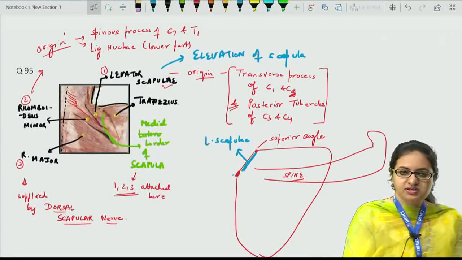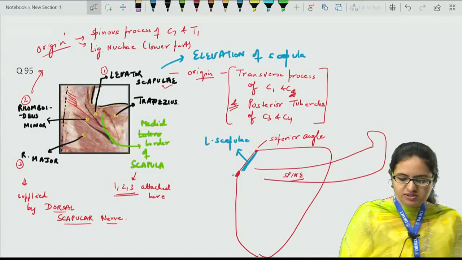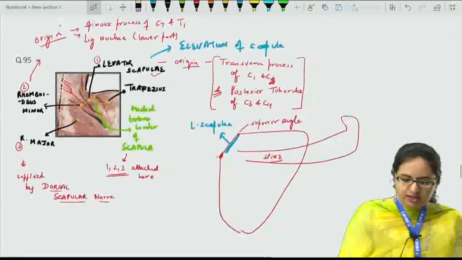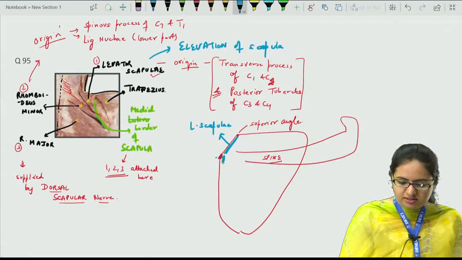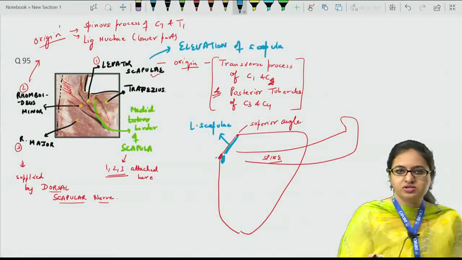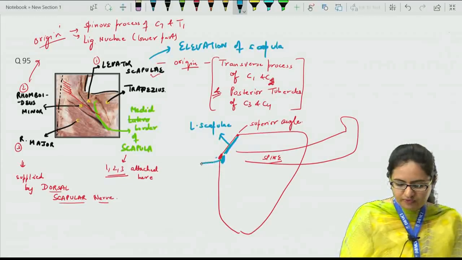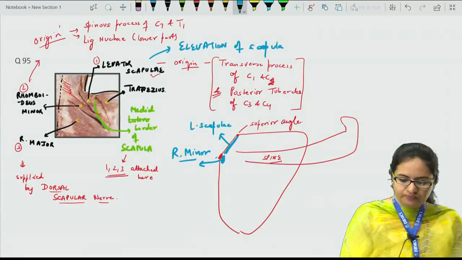Then it comes towards the medial border of the scapula, and it inserts in the area just opposite to the spine of scapula. So over here the rhomboides minor is getting inserted.